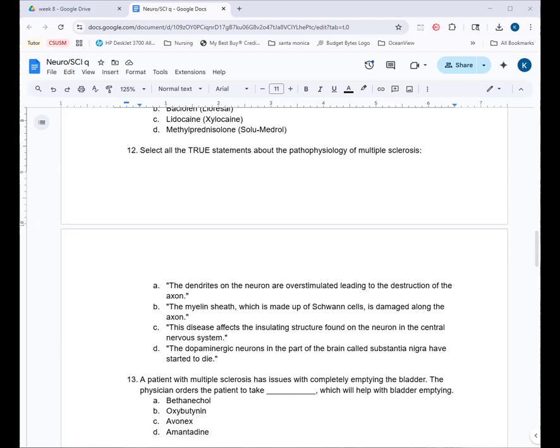Schwann cells produce myelin in the peripheral nervous system. MS specifically affects myelin in the central nervous system. So B, myelin sheath made up of Schwann cells is damaged along the axon, is true, and this disease affects the insulating structure found on the neuron in the central nervous system, not peripheral, central.